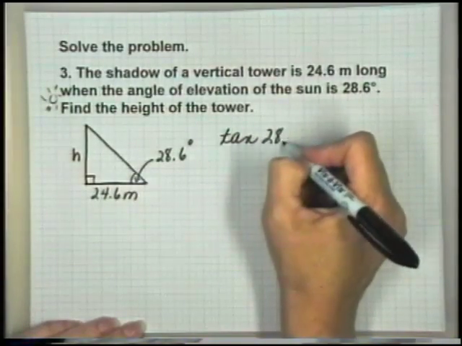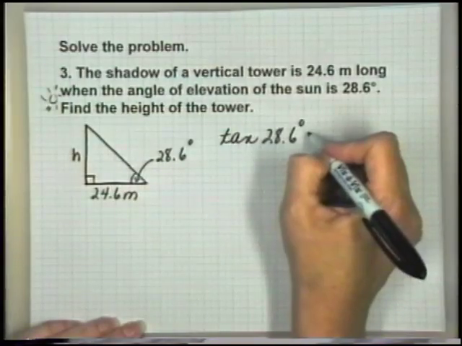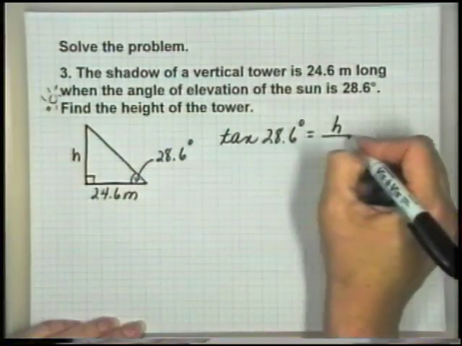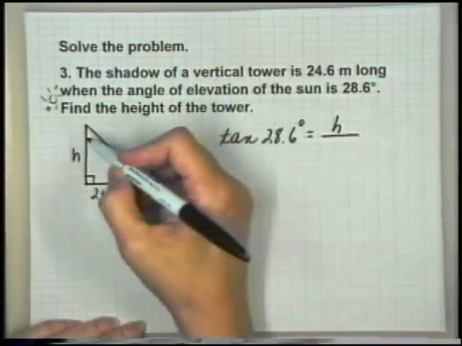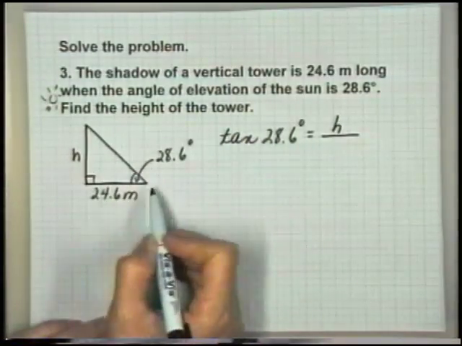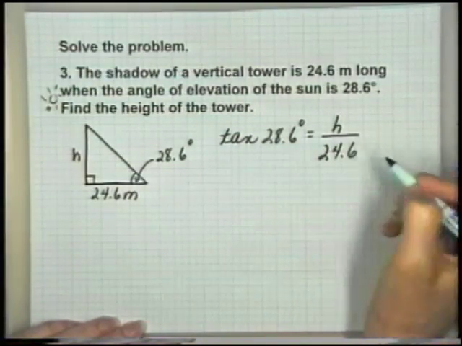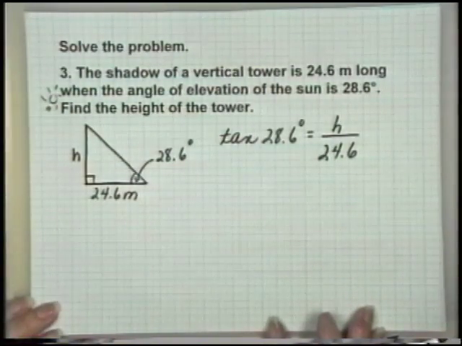We'll say the tangent of 28.6 degrees equals the length of h, which is the opposite leg, divided by the length of the adjacent leg, which is 24.6.